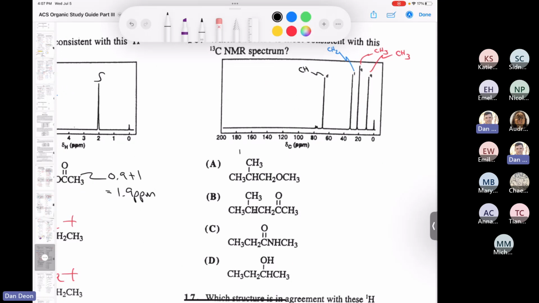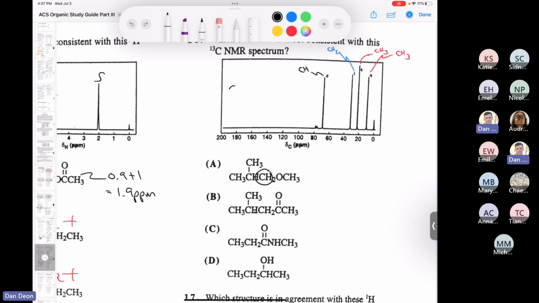And if we look at the first compound, compound A, sorry, let me delete that. There we go. If we look at compound A, we see that we have 2 carbons that are attached to oxygen. Well, the problem with that is that we don't see any CH2s and CH3s above 50.